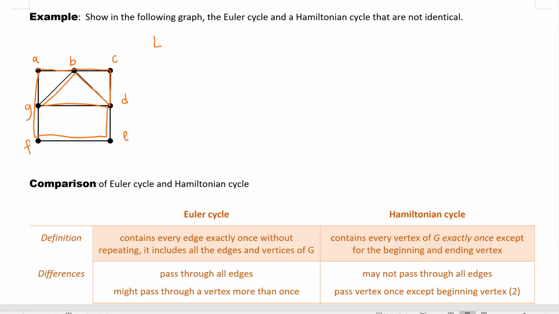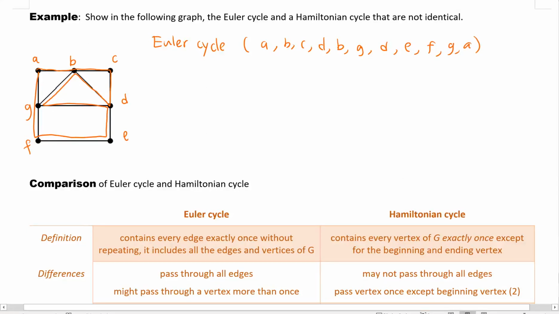So we can find the Euler cycle by inspection. What we do is A, B, C, D, B, G, D, E, F, G, A. So this is one Euler cycle.